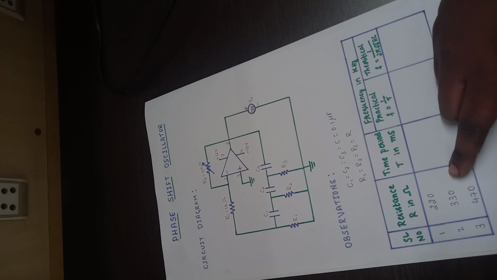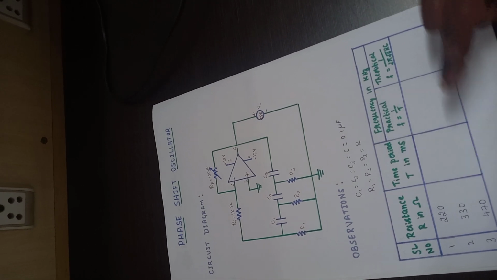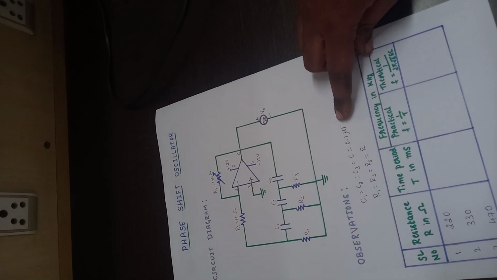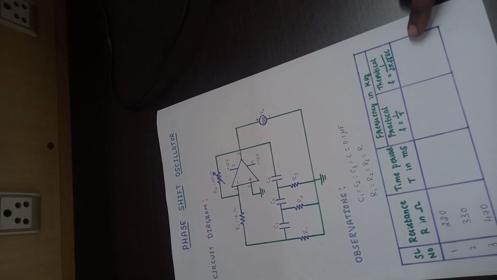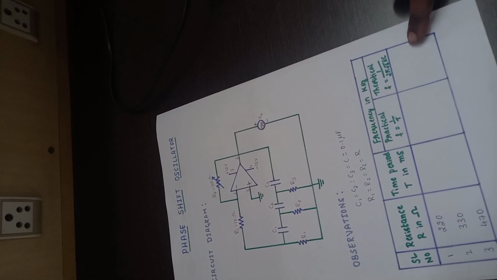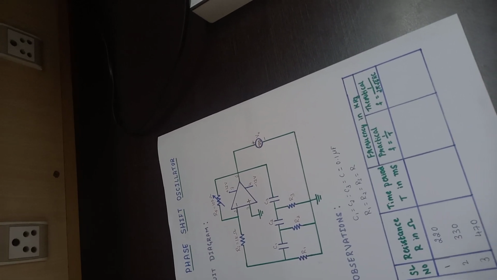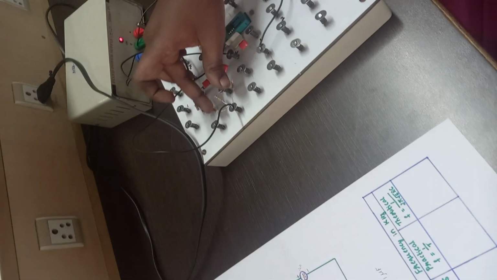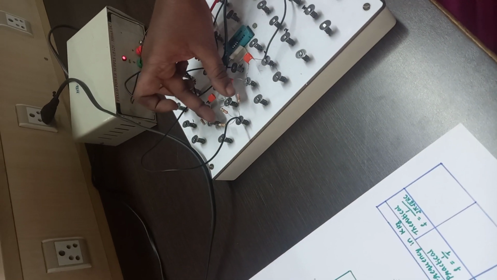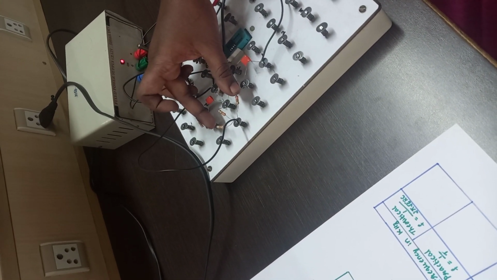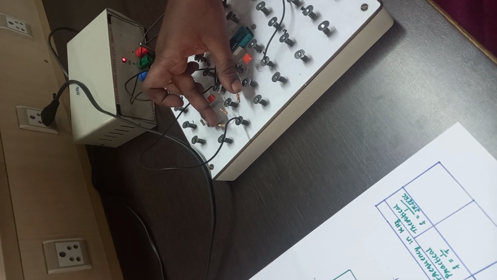For this trial I have shown, R is 330 ohm and C is 0.1 microfarad. Substitute and find the theoretical value of frequency. You may compare them; they will be nearly equal to each other. For the next trial, remove these three resistors and take one more set of resistors of equal value, like 220 ohm, 470 ohm, 560 ohm. Do repeat the same trial.